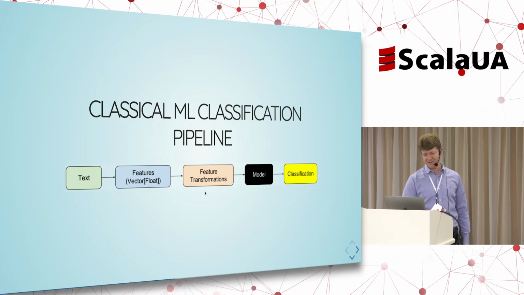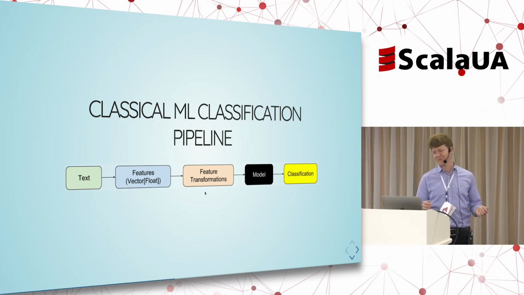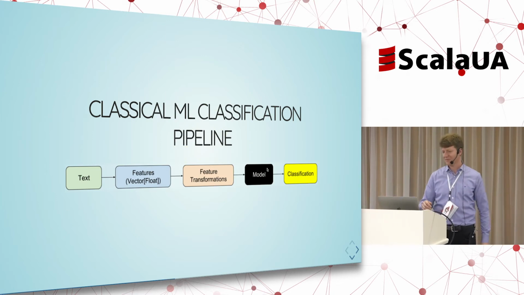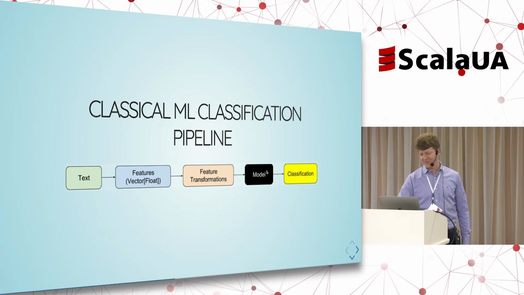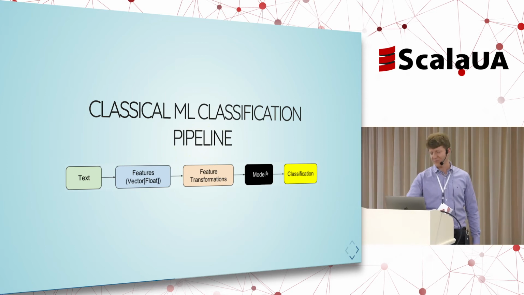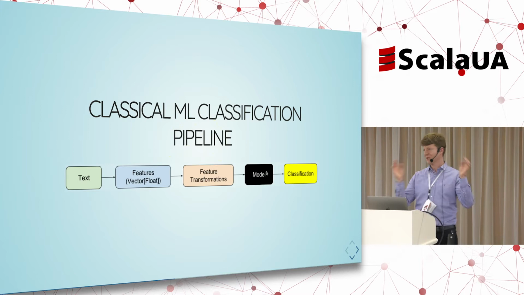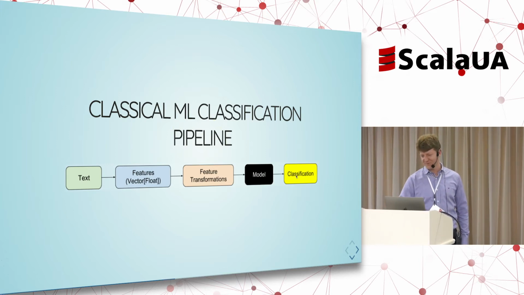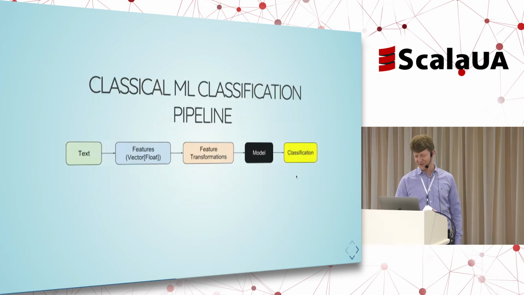Then we might transform these features, then feed them into a model. That's a model that might come from some machine learning algorithm that has been trained on our training data. And then hopefully this model will finally give us a classification that makes sense.